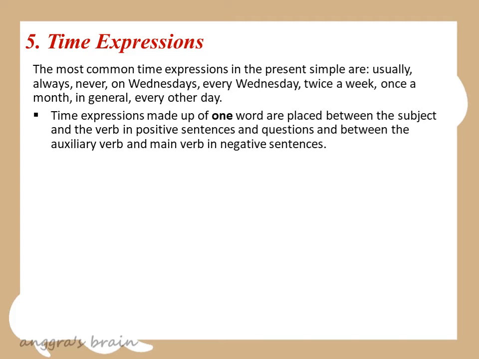The first note is that time expressions made up of one word are placed between the subject and the verb in positive sentences and questions, and between the auxiliary verb and main verb in negative sentences.